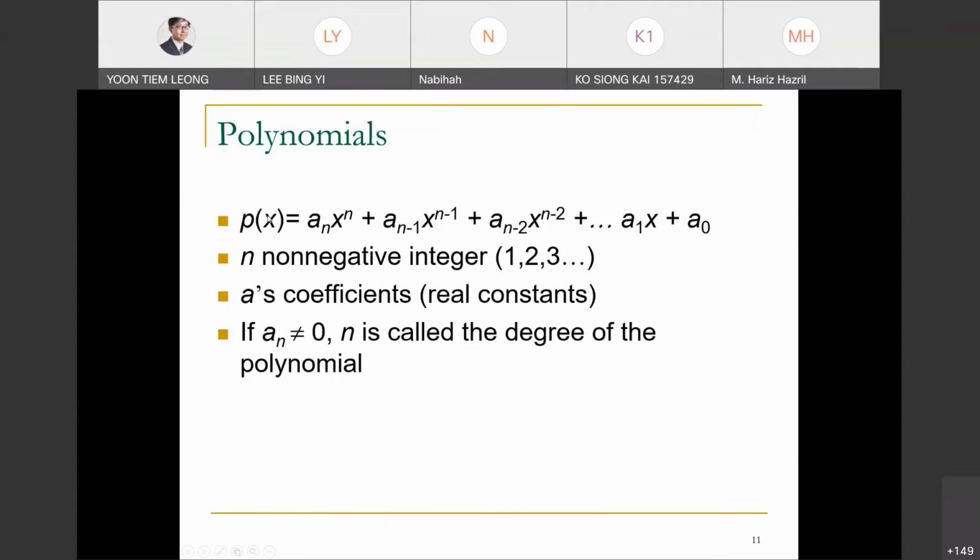So a polynomial can be completely characterized by a set of n plus 1 parameters, which is a0, a1, a2, a3 up to an.